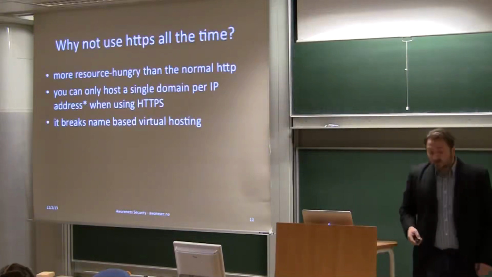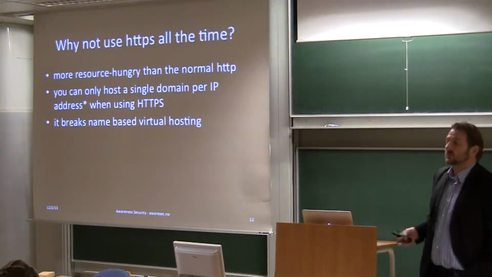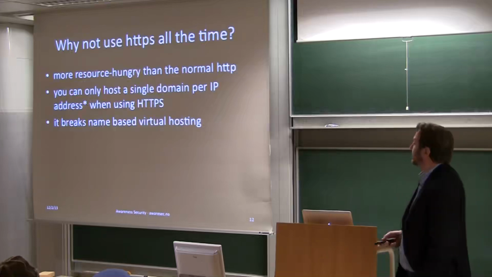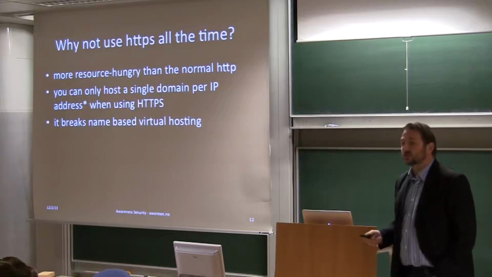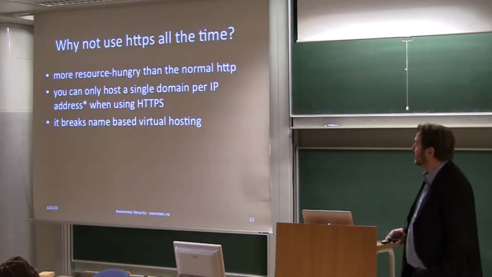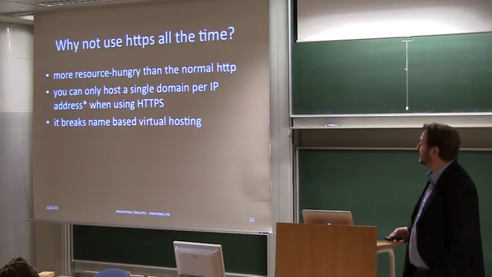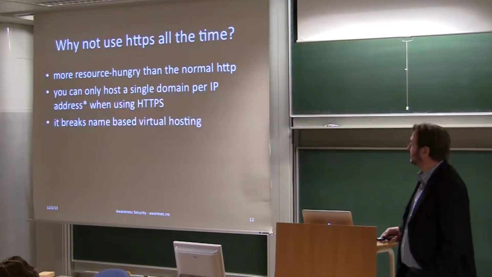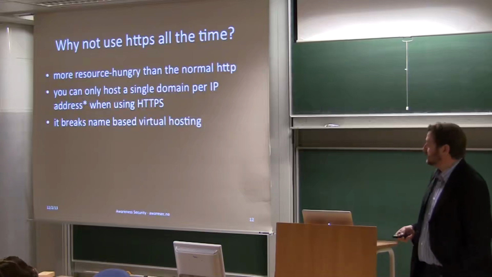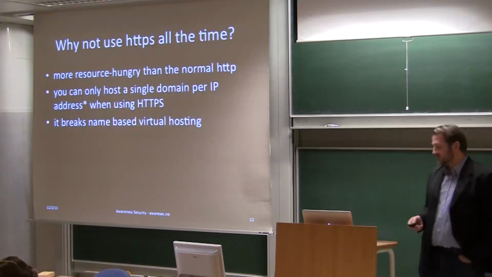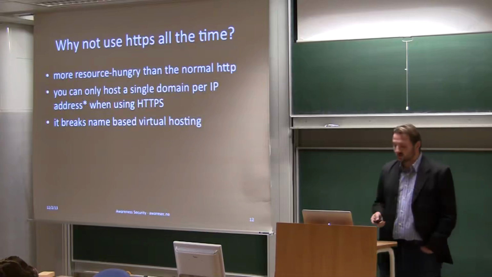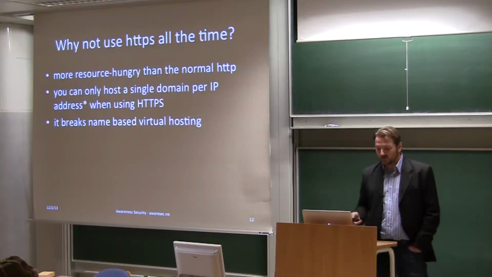So the question is, why don't we use HTTPS all the time? Because it's more resource hungry than normal HTTP. You can only host a single domain per IP address when using HTTPS. I know that's kind of a problem, but you have something called Server Name Indication.